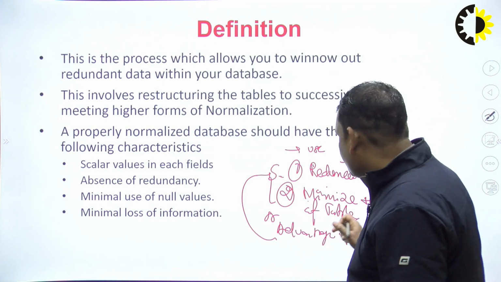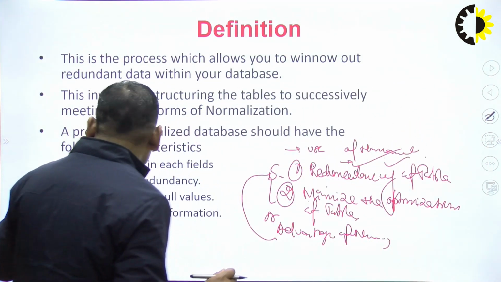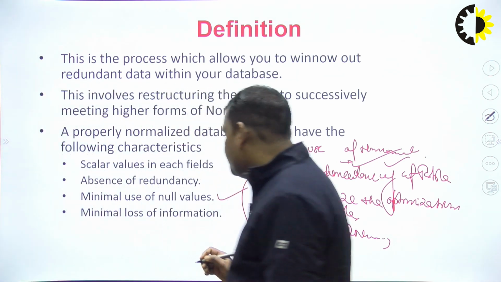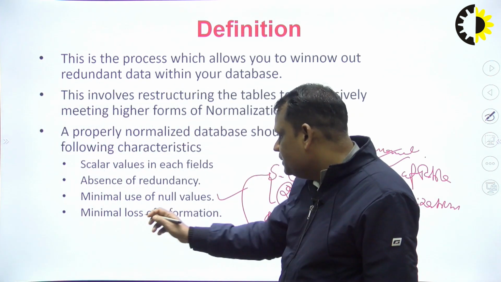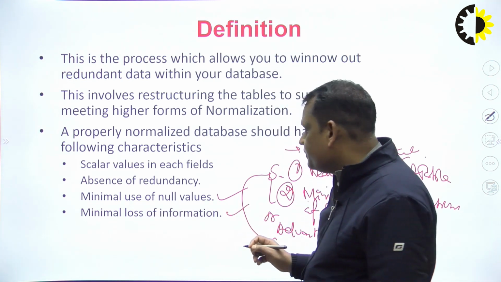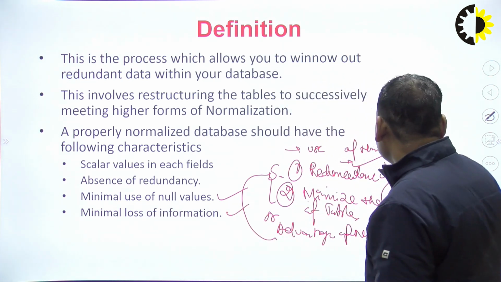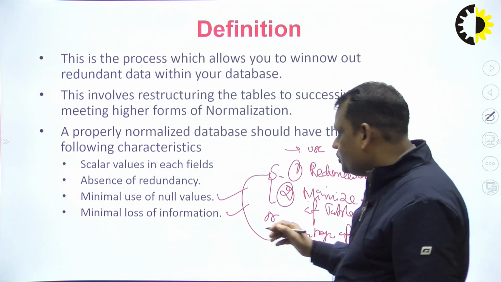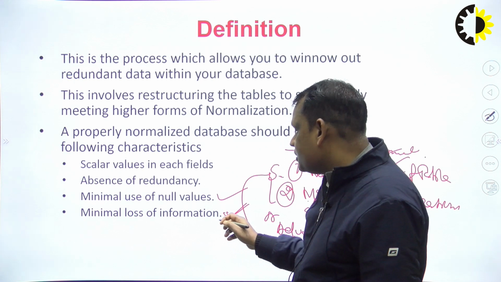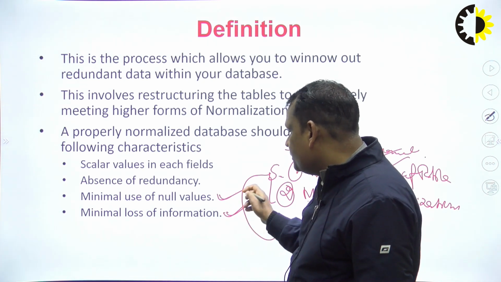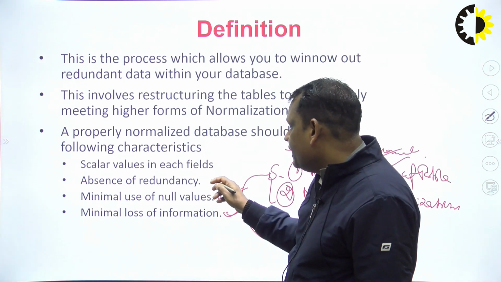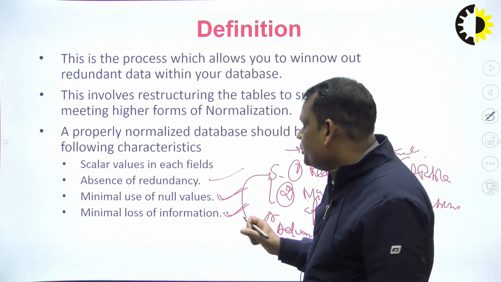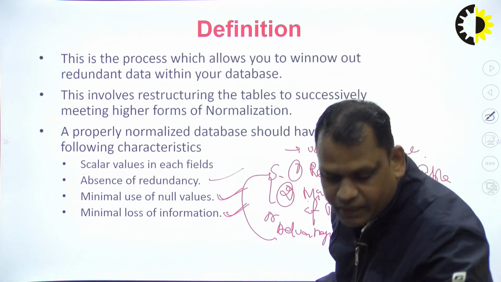It gives minimum use of null values, and second, minimum loss of information. Loss of information means the table is decomposed into other tables. So there is minimum loss of information, minimum use of null values, and absence of redundancy.